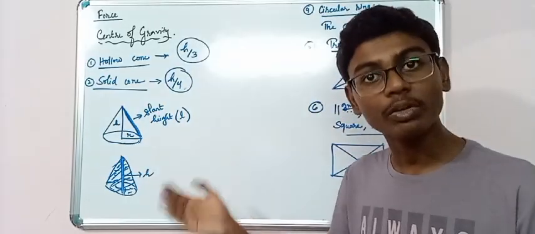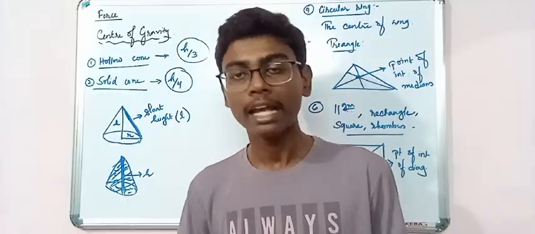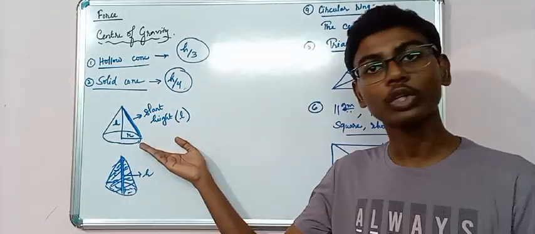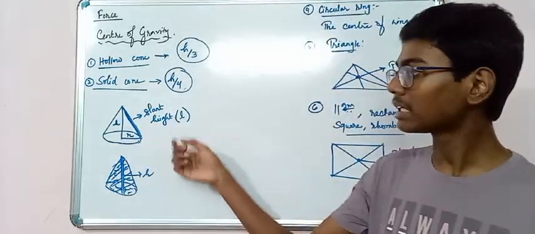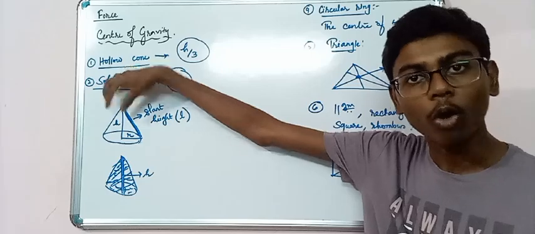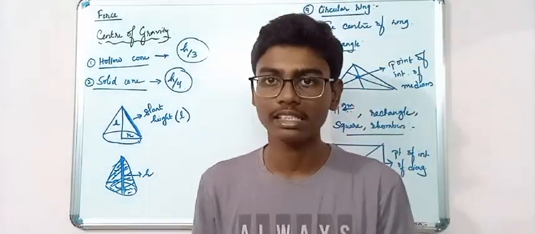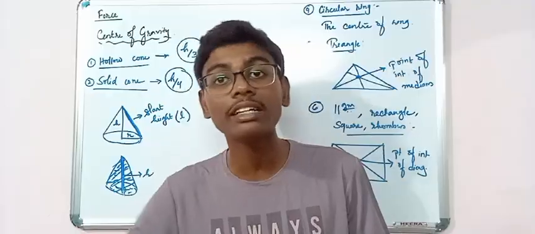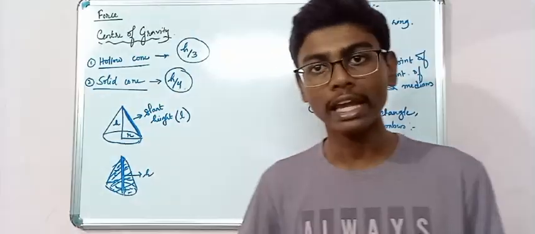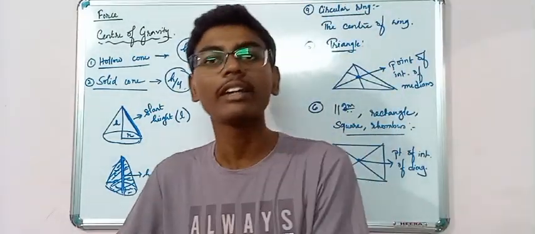When we talk about hollow cone, the bottom portion is completely empty, but the top portion automatically has relatively more mass. Okay, you cannot say that the mass is getting increased.